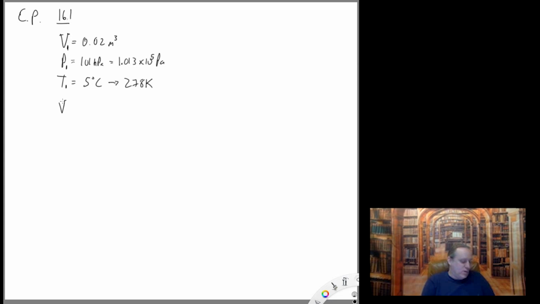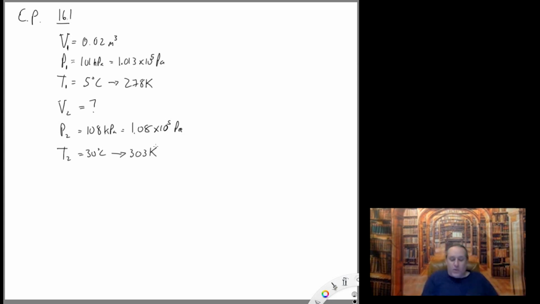And we want to know volume 2 if the pressure 2 is 108 kilopascals, which is going to be 1.08 times 10 to the 5th pascals, while its temperature is changed to 30 degrees C. So the temperature 2 is 30 degrees C, which is, if we add 273 to that, going to be 303 Kelvin.